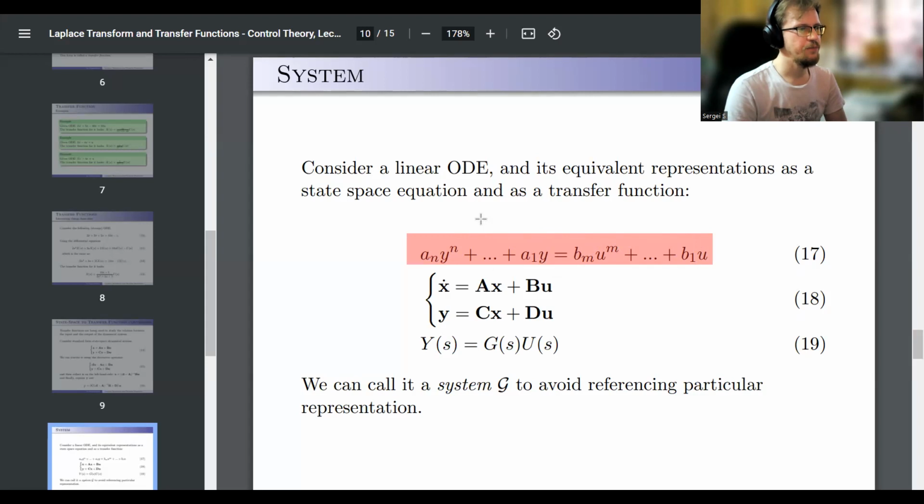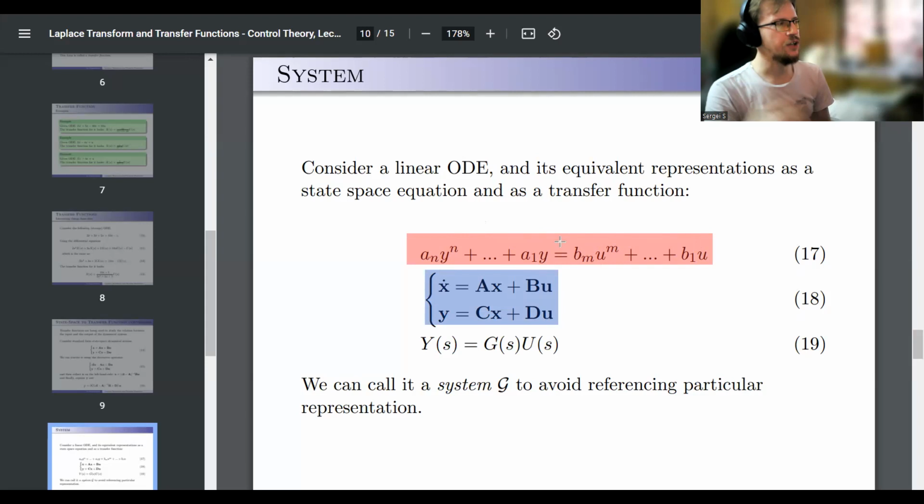Okay. It can be represented as a state space equation. Same exact ODE, but now as a state space equation. And now it can be represented as a transfer function.